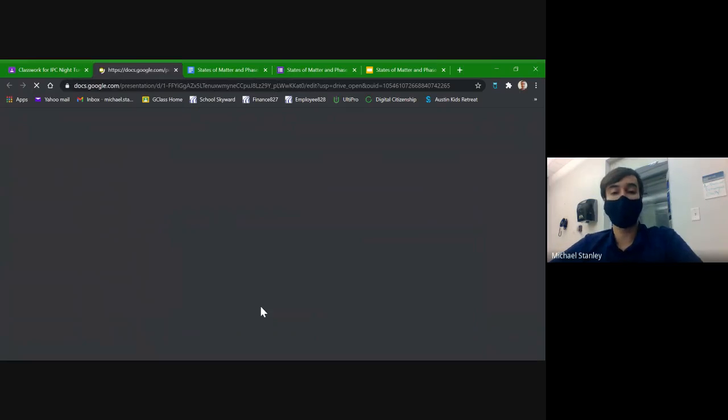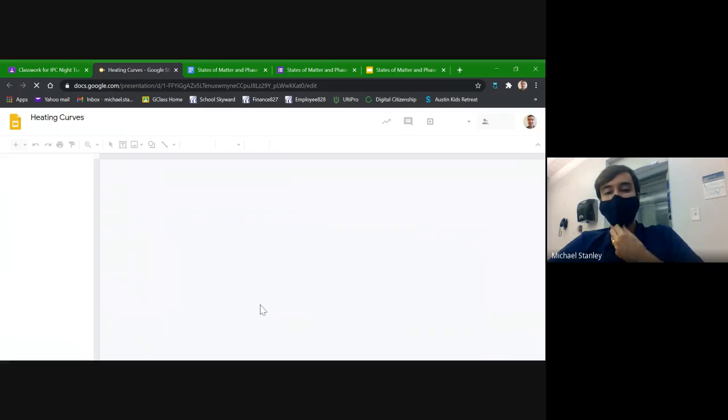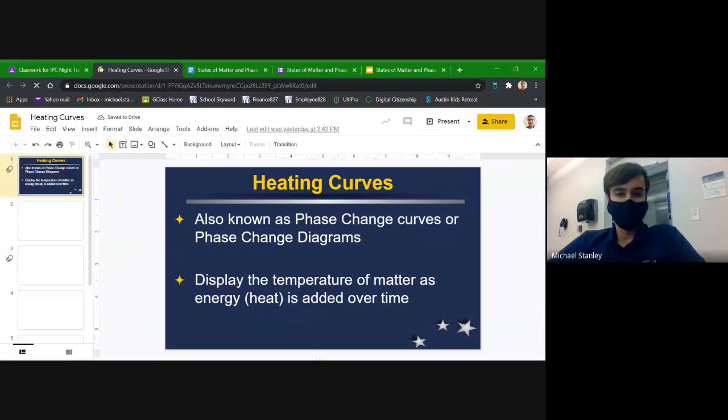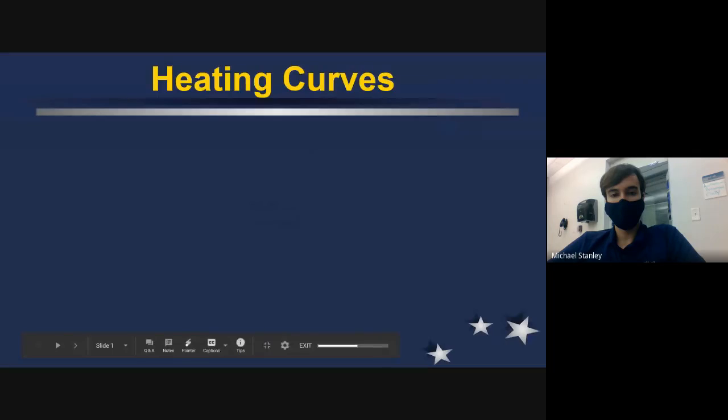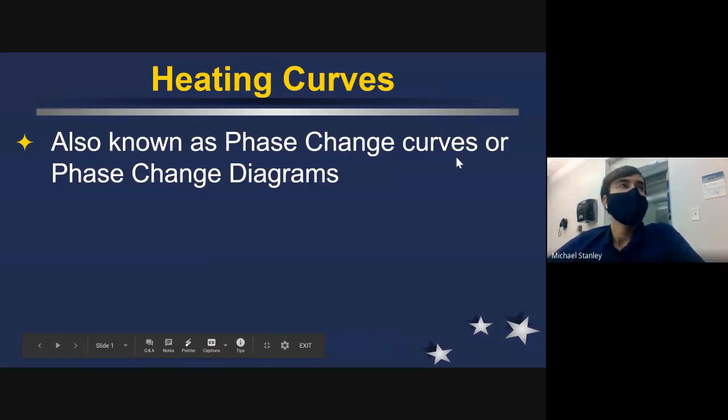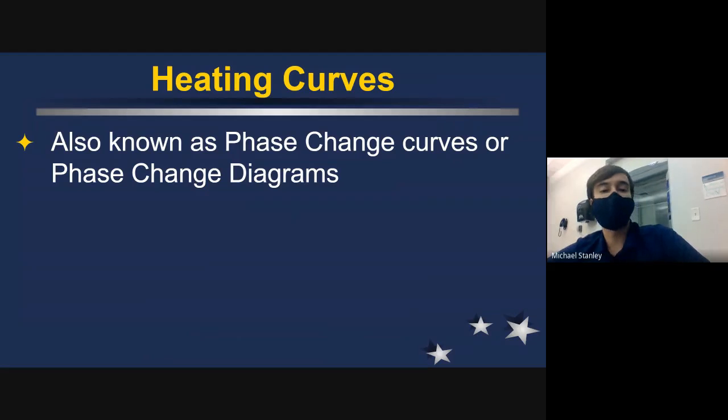And that is the idea of a heating curve. Heating curves are also sometimes referred to as phase change curves or phase change diagrams.